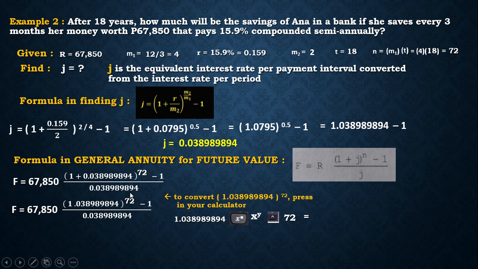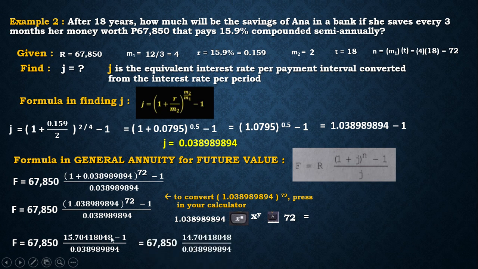So pag kinonvert natin ito, by pressing these numbers and symbols, ito po yung lalabas. Na-convert po natin ito po ang nangyari. 15.7041848. Ang next step po natin, subtract po natin yung 1 dun sa 15.7041848. Wala pong babaguhin dito at dito. Sinubtract po natin iyon, naging 14.7041848.